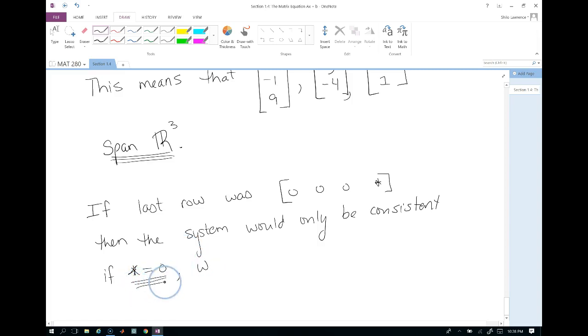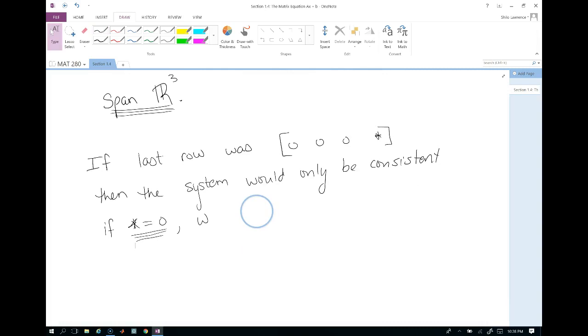This equation here creates a plane in three-dimensional space that all of our vectors span.